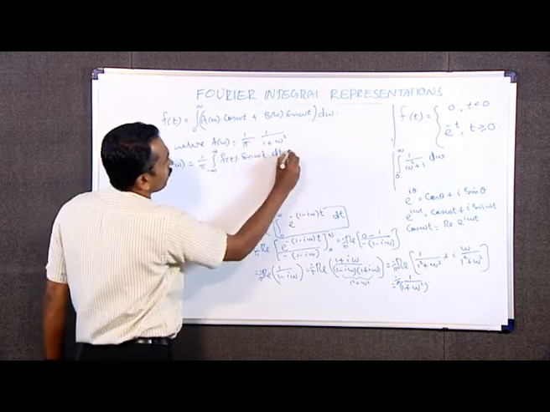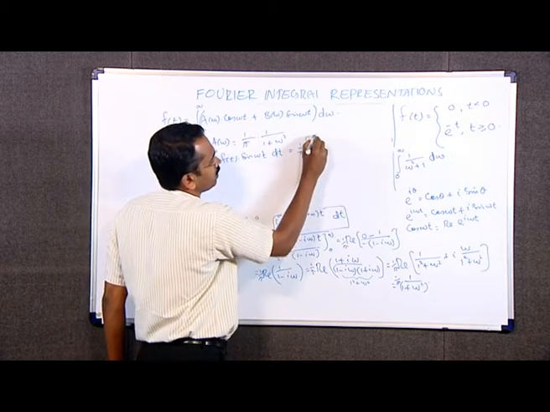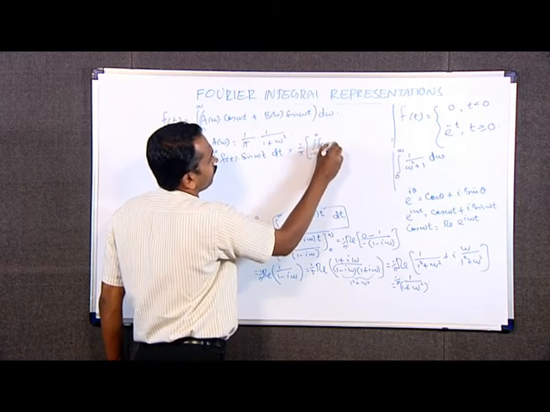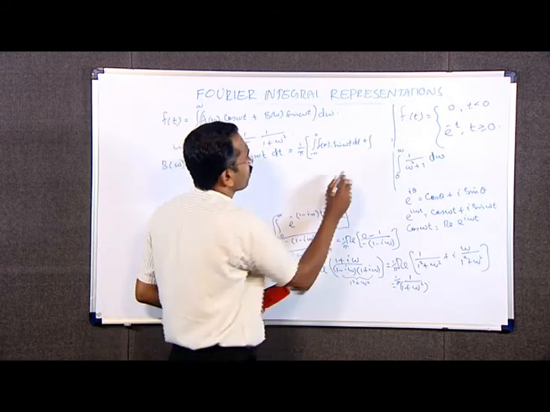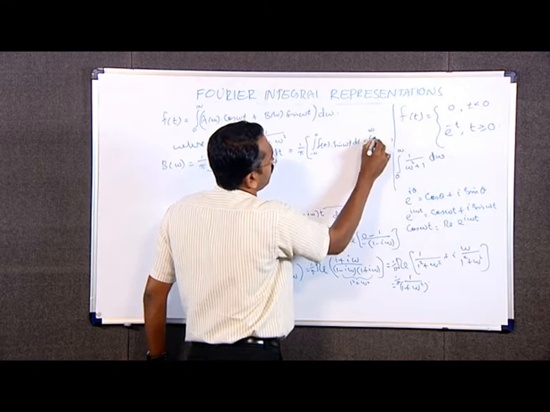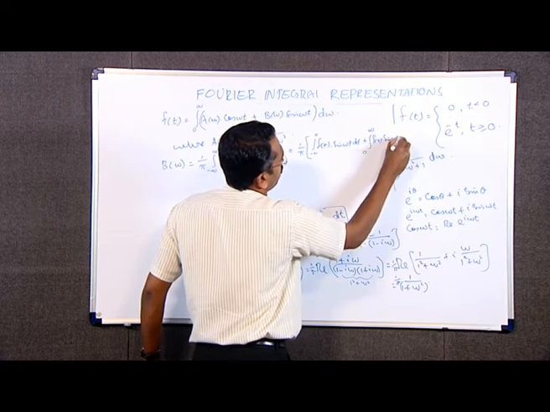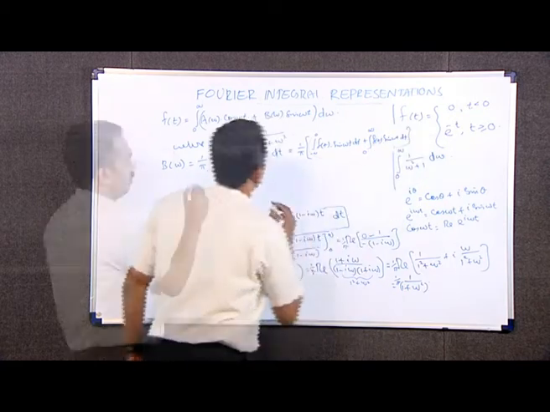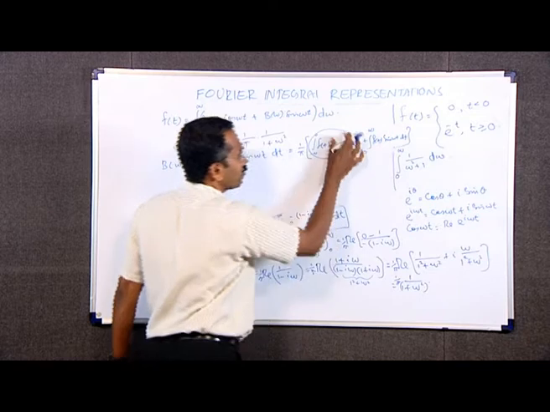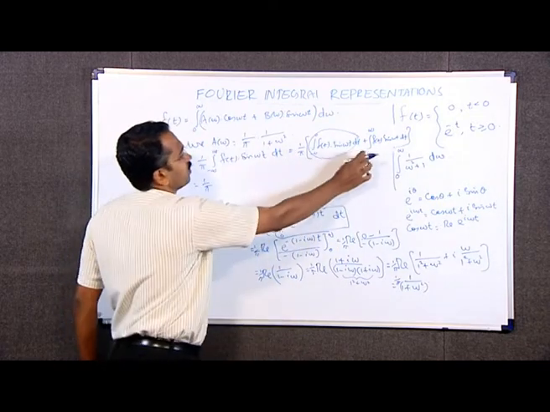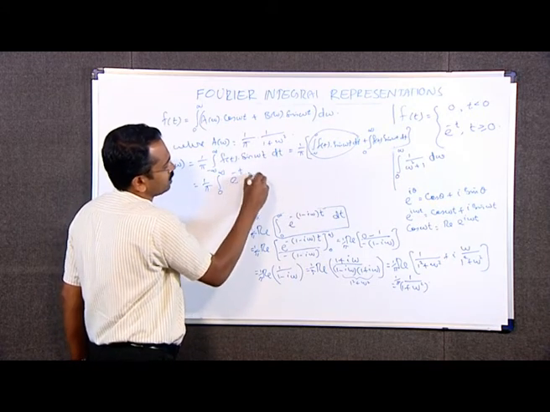Therefore, this is equal to 1 by pi into integral from minus infinity to 0 f of t into sin omega t dt plus integral from 0 to infinity f of t into sin omega t dt. In this case the function is defined as 0, therefore, the first integral will become 0, and the remaining integral is integral from 0 to infinity e raised to minus t into sin omega t dt.